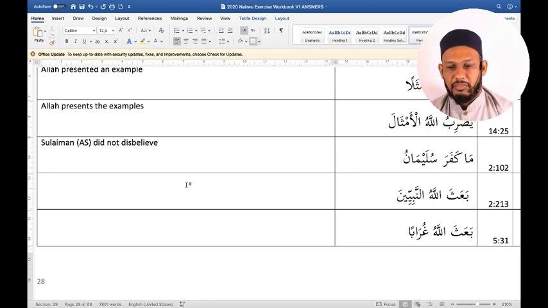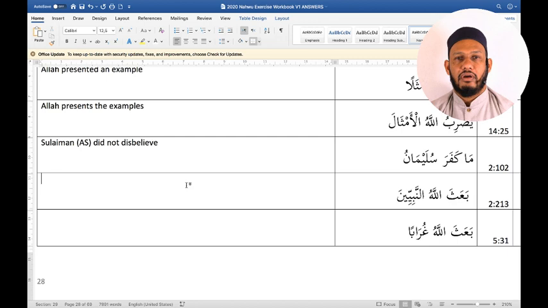Next one. بعث الله النبيين. Ba'atha means sent. The word Allah is the fa'il. And also one notice, normally when we say the word Allah, we don't say Allah is the fa'il. So if I'm reading ba'atha Allahu nabiyyin, I don't say Allah is the fa'il or Allah is the maf'ulun bihi.